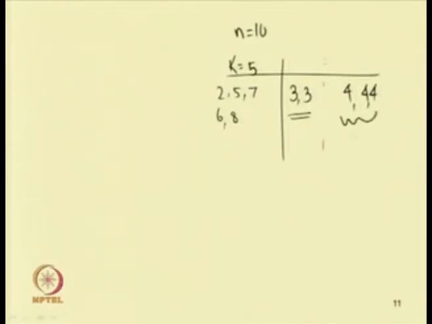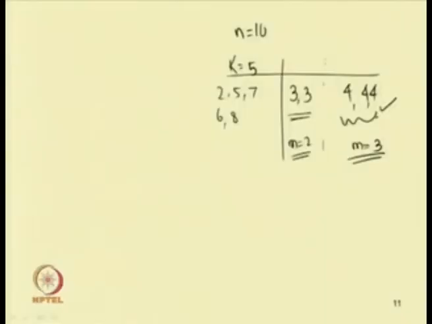So, in this case the multiplicity is 2 and in this case the multiplicity is 3. So, this eigenvalue is repeated 2 times and this eigenvalue is repeated 3 times.